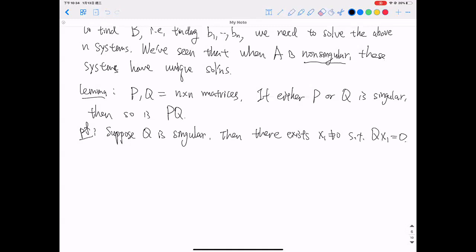Right? The homogeneous system Qx equals 0 has a non-zero solution, x1 not equal to 0. Then the system PQx equals 0 has a non-zero solution.